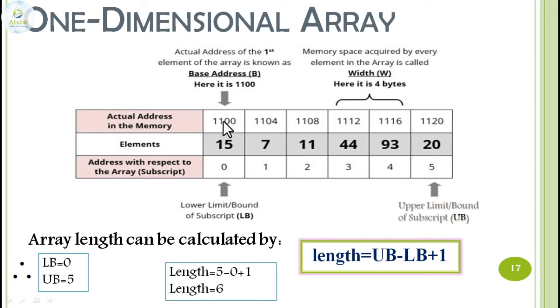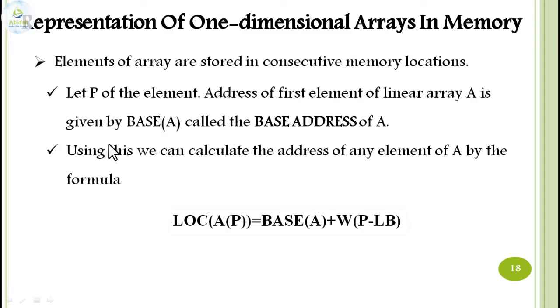Using this, we can calculate the address of any element located in the array A by using the formula location of A of P, that is position, is equal to base address of array A plus W.